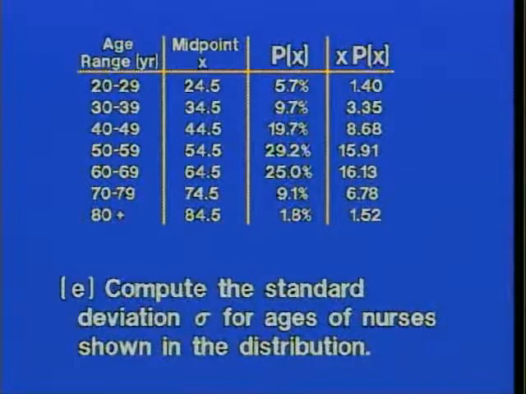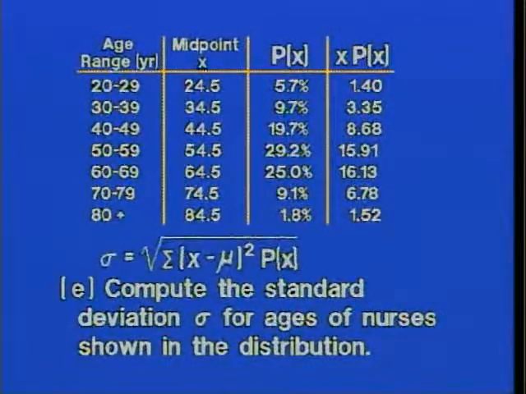Next, we want to compute the standard deviation, sigma, for ages of nurses shown in the distribution. And as before, we have a formula associated with this calculation, and here's that formula. We know that in the past we got a lot of mileage out of arranging our columns in order to accommodate the information for the formula. Notice that the formula involves mu, or the mean value, and we calculated that earlier.